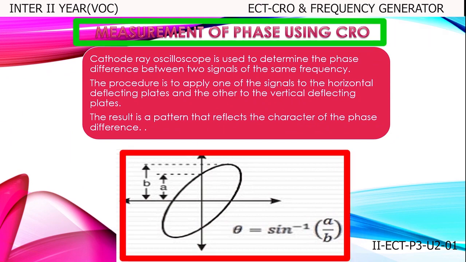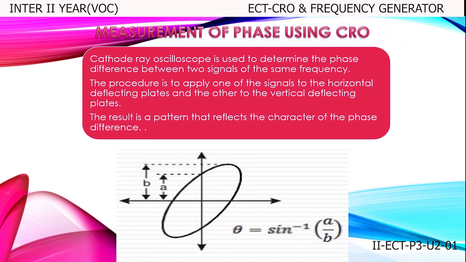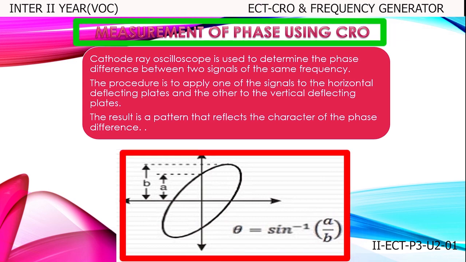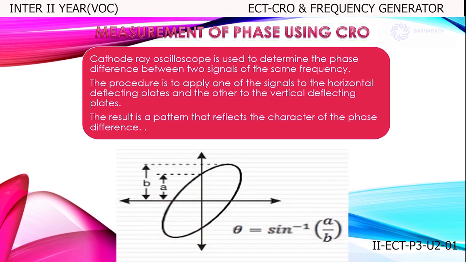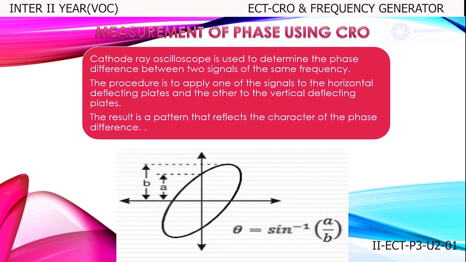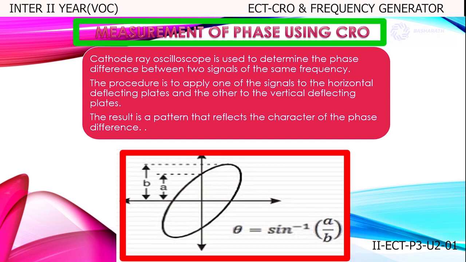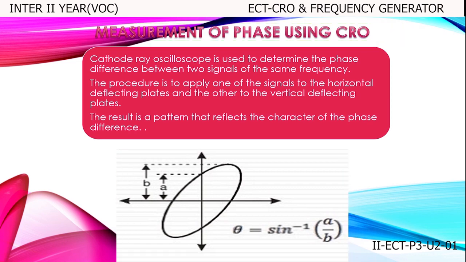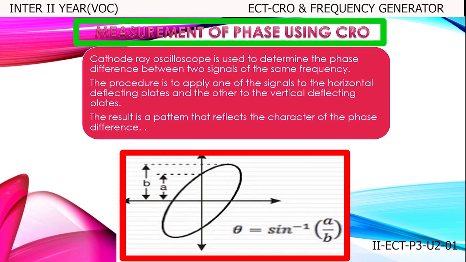The cathode ray oscilloscope is used to determine the phase difference between two signals of the same frequency. The procedure is to apply one of the signals to the horizontal deflecting plate and the other to the vertical deflecting plate. The result is a pattern that reflects the character of the phase difference.